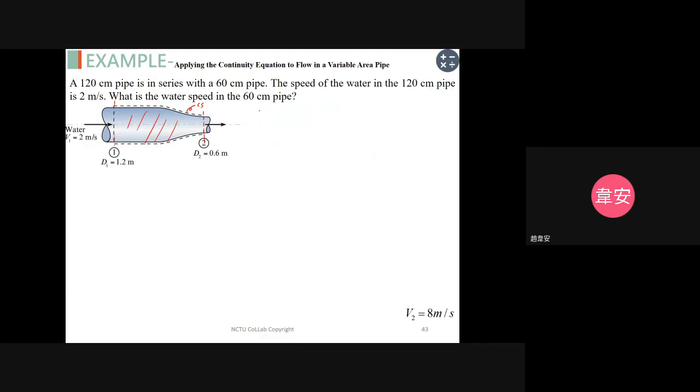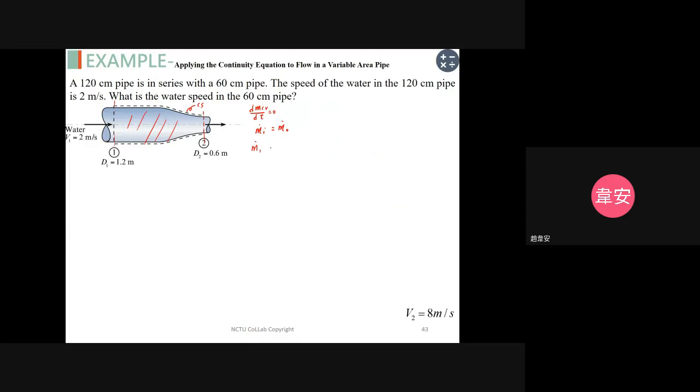Because this is pipe flow, we know that the m_cv doesn't change with time. So we have only the m rate in equal to the m rate out. Here, cross section 1 is the inflow, and cross section 2 is the outflow.